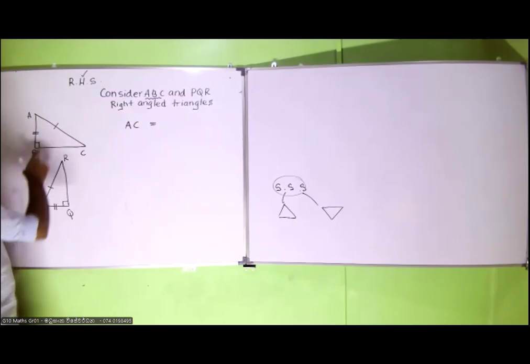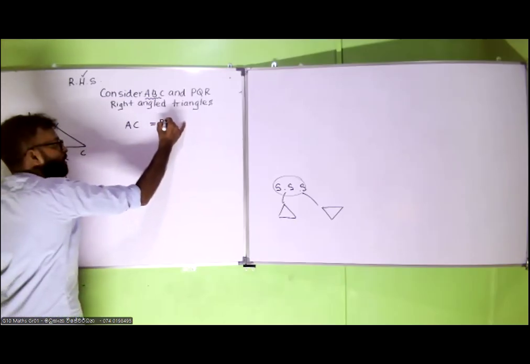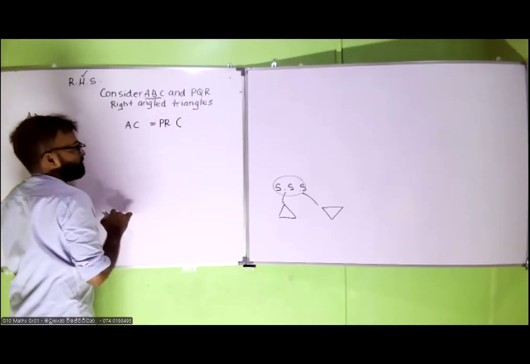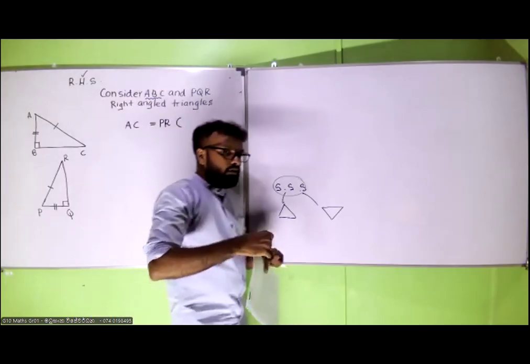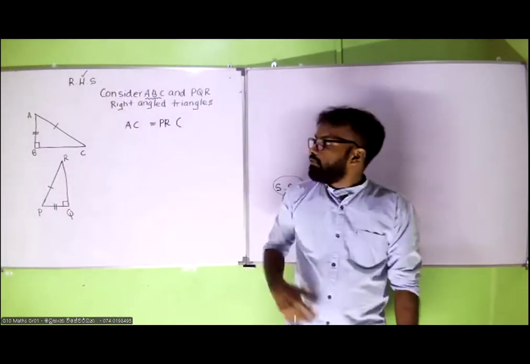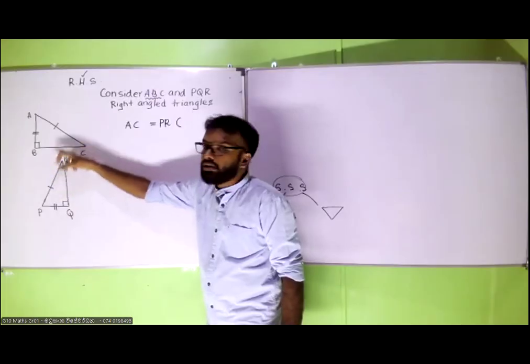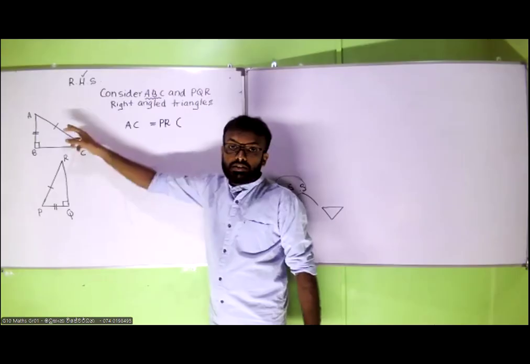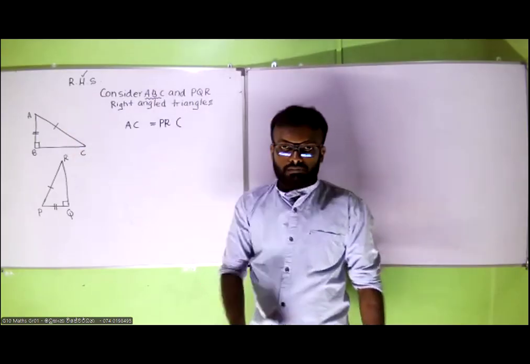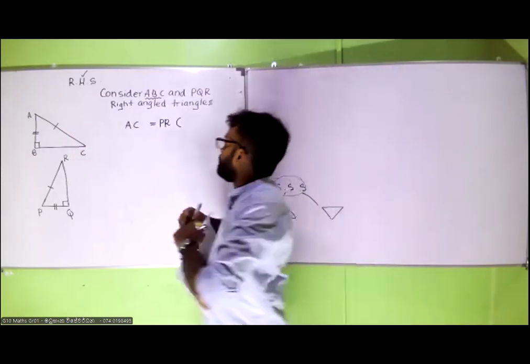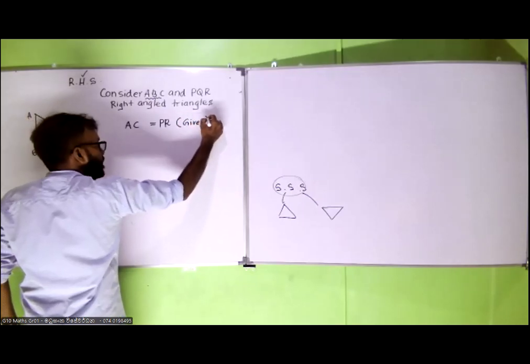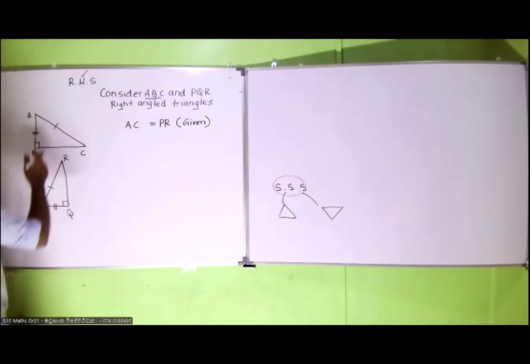They are equal together, and definitely you need to write down the reason. The reason is that they have given already that these two hypotenuses are equal together. So you can write given as the reason. In the data, it has been given already.